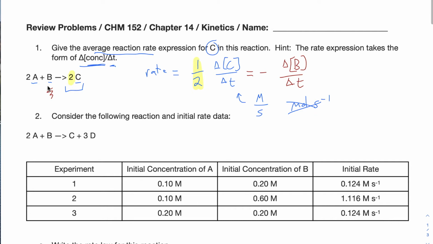Well, if we just examine the coefficients here in the balanced equation, what we see is that C is being produced twice as fast, due to that 2 there, versus the disappearance of B. And so what these coefficients are doing in here is trying to level the playing field so that the average rate of the reaction can be viewed by following the change of any of the reactants or products. The coefficients are just there so that all of these values are going to be equal no matter what we're following.